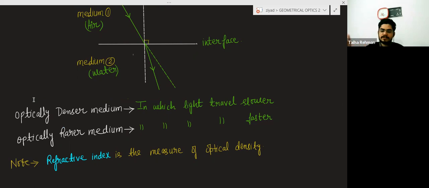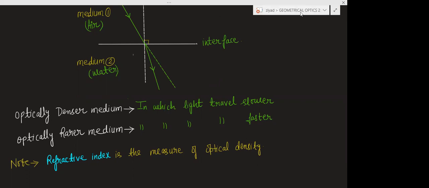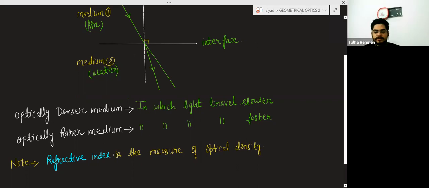So mostly we will discuss refractive index, not optical density. Like mass density means how much mass is contained per unit volume, optical density represents how rare or dense the medium is. Totally, this is given by the refractive index, because the refractive index is a measure of optical density.